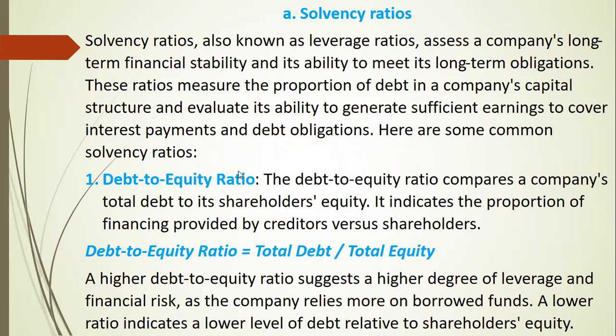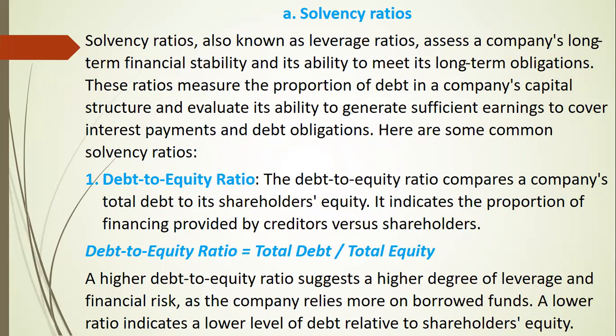So the most common solvency ratios include the debt to equity ratio. The debt to equity ratio compares the company's total debt to its shareholders' equity. It indicates the proportion of financing provided by creditors versus shareholders. You can see here it is the debtors who have provided the debt, the creditors, versus the shareholders.